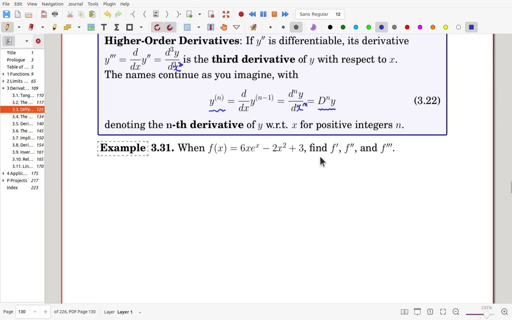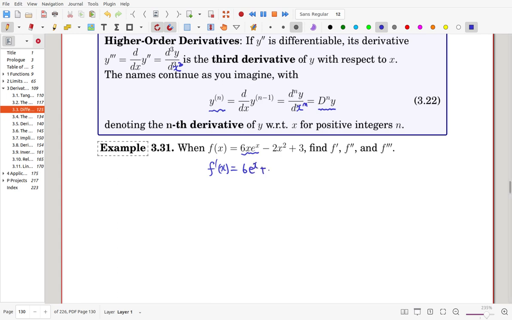for this function, let's try to find f prime, f double prime, and f triple prime. Okay, for f prime, for this term, we may use the product rule, so 6 is constant, the x derivative for this term is 1, and e to the x.